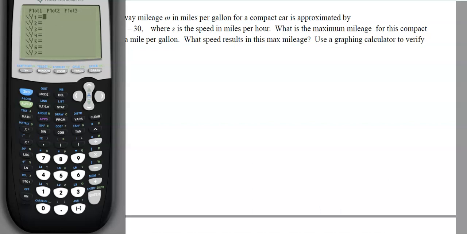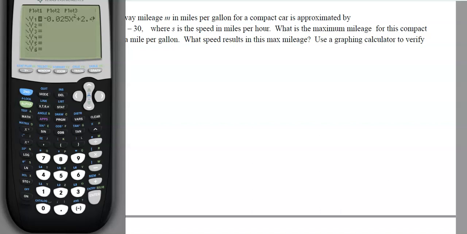And the equation was y equals negative 0.025 x to the second power plus 2.45 x, remember that's like S, minus 30, and enter.